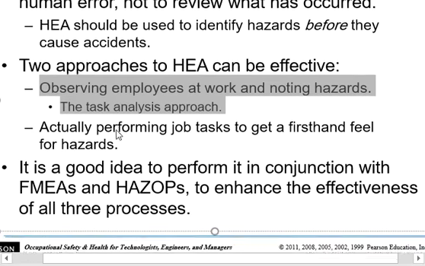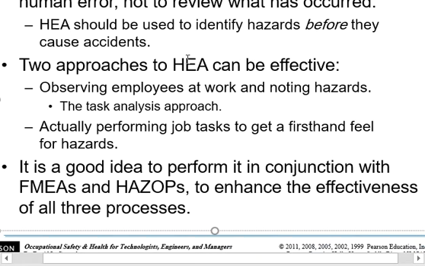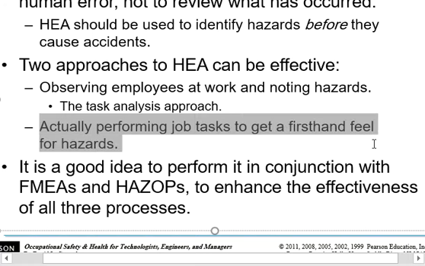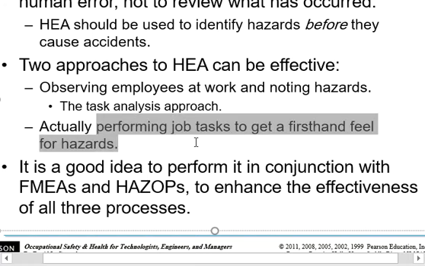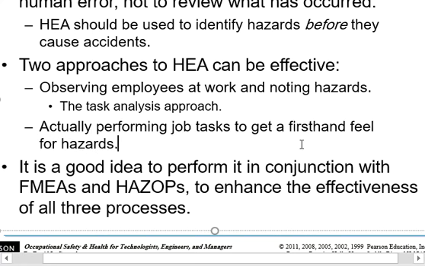The second situation, in order to make the HEA effective, is actually performing a job task to get a first-hand feel for hazards.